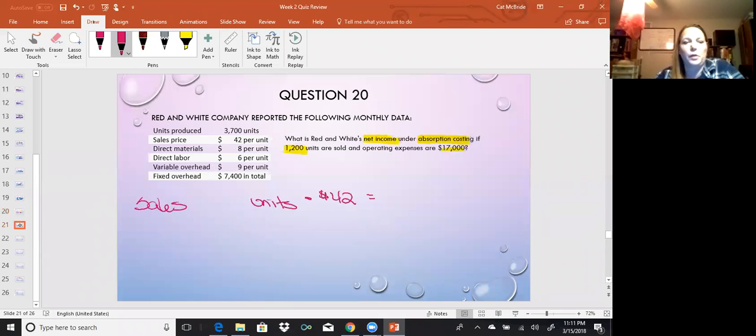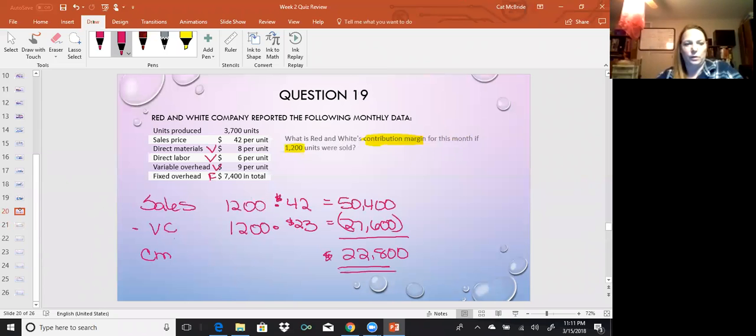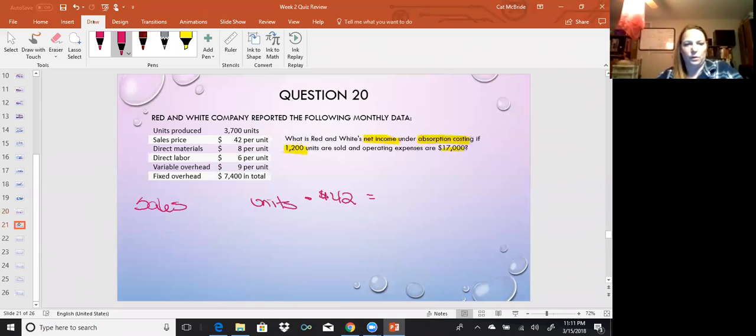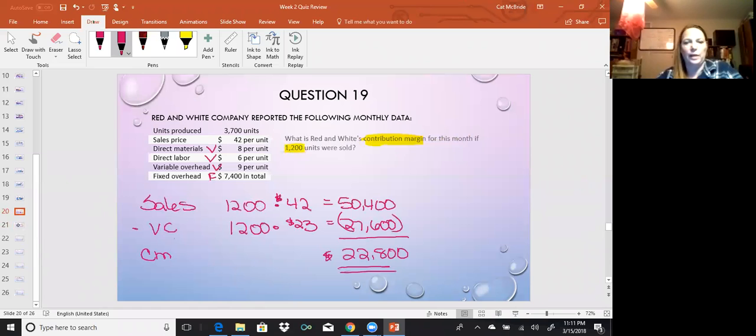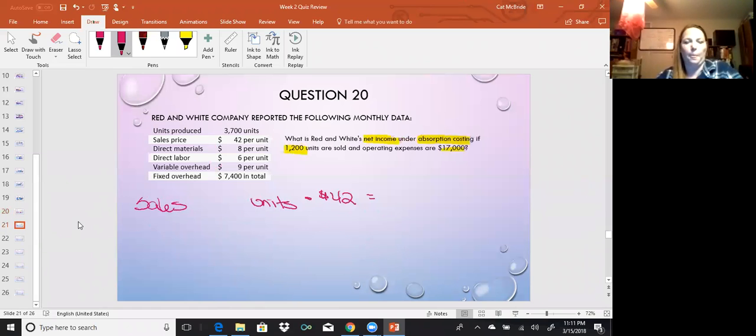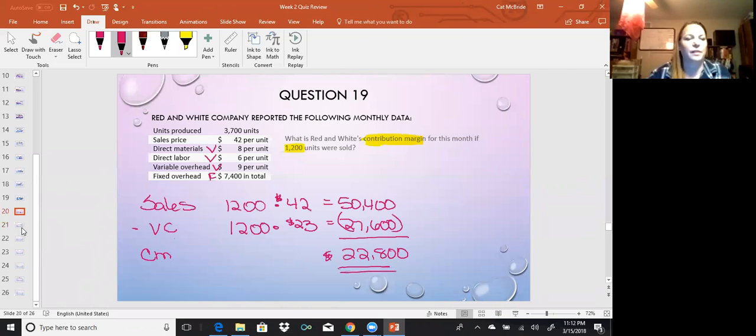Here we calculated the contribution margin. So the sales were 50,400, less, so we actually have, we could take this 8 plus 6 plus 9, which we did over here, is 27,600.